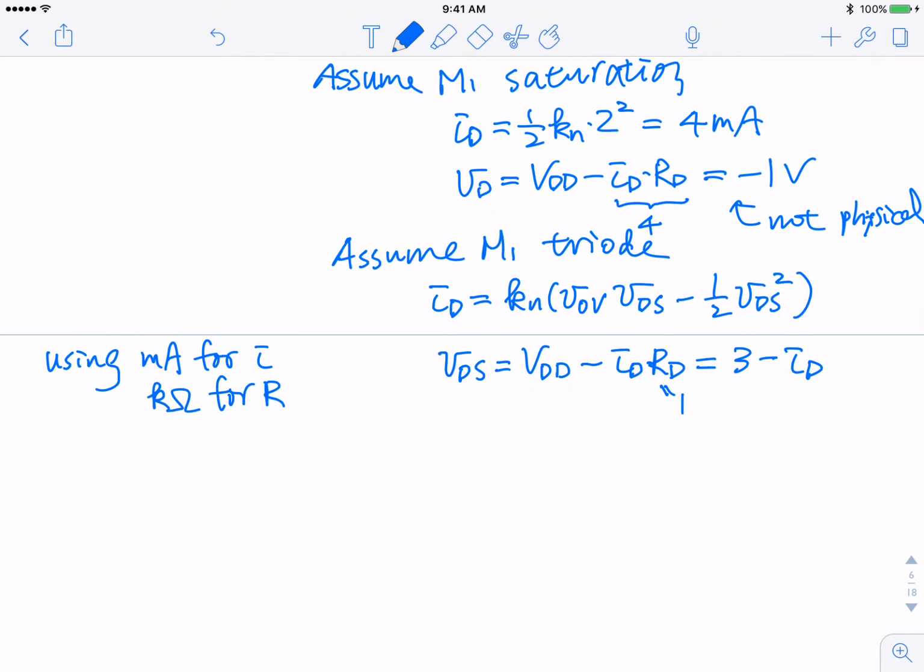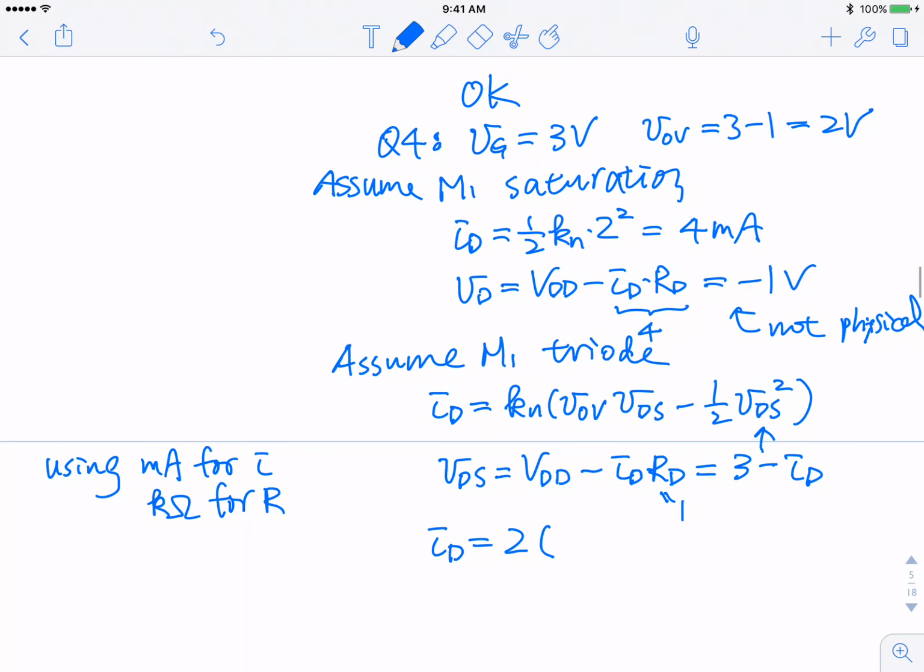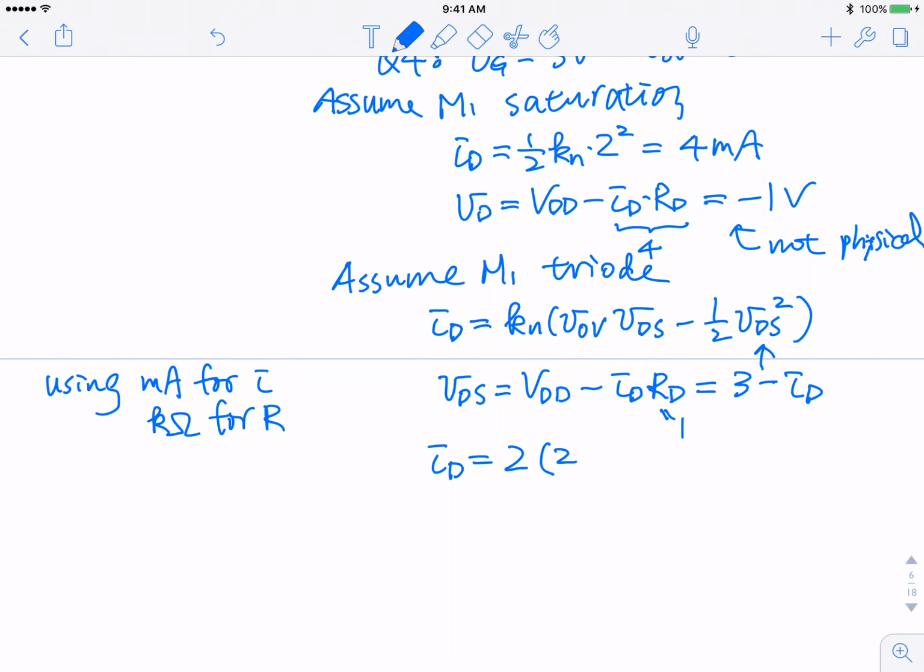Okay, so now you see I start to have a little bit more complicated equation. You substitute this into VDS, okay? And remember Kn is 2, so you have ID equal 2 times OV, the overdrive voltage, which is 2, times VDS. Let me see which one is easier.